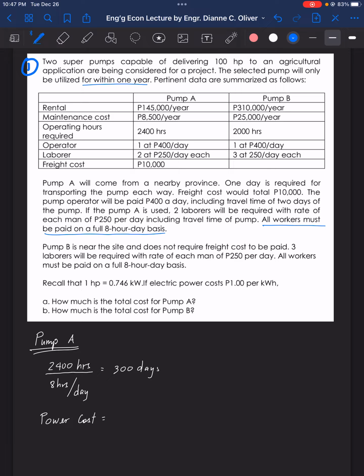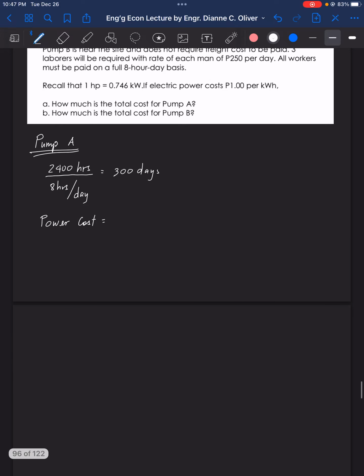It says here that these two super pumps capable of delivering 100 horsepower. So we will put here 100 horsepower. And remember that 1 horsepower is 0.746 kilowatts. And the rate of the electric power here is 1 peso per kilowatt hour.